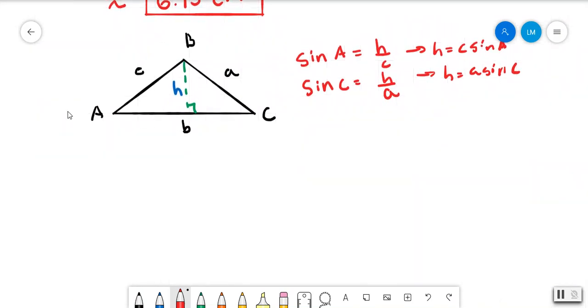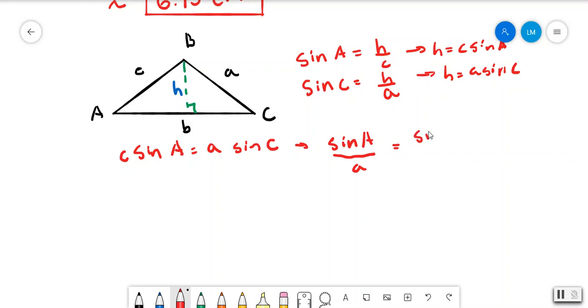So what that does is it tells us that c sine of A equals a sine of big C. So this gives us the first part of the law of sines, or at least one part of it, so that you have sine of A over a equals sine of C, all divided by little c.